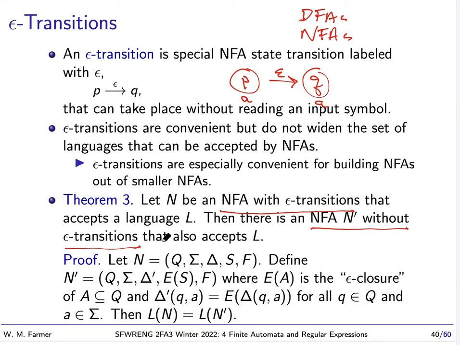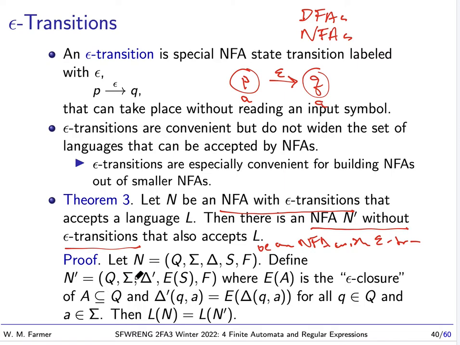Here's a sketch of the proof. Let N be an NFA with epsilon transitions, and we're going to define N prime as follows.